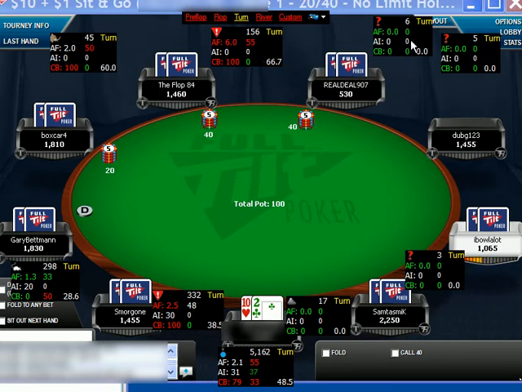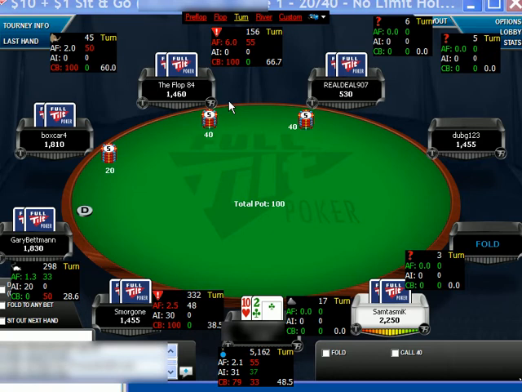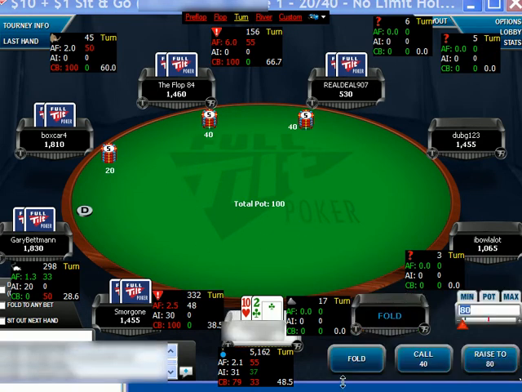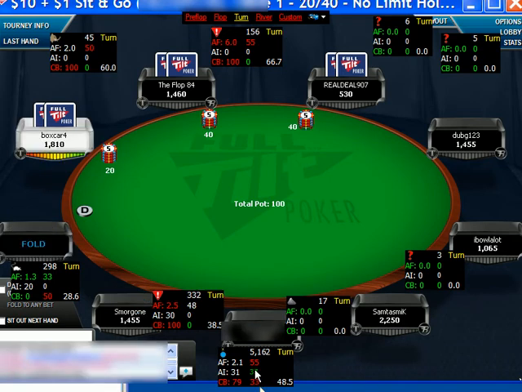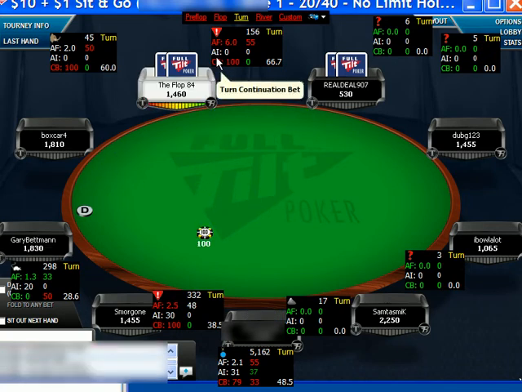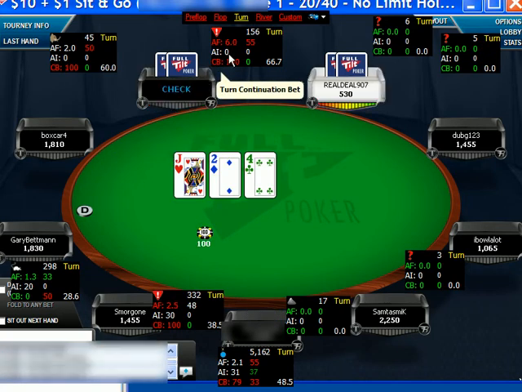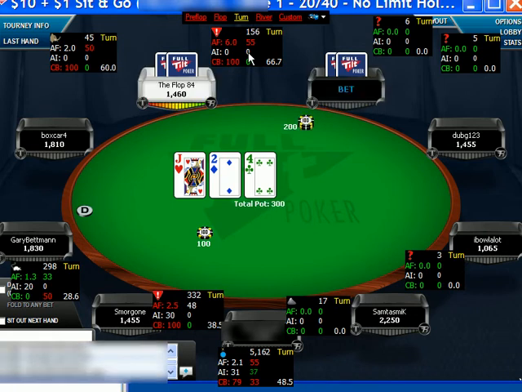Alright. Maybe because it's 0 it won't tell me what it is. Won money at showdown after a turn push. So here we have all in, what he's going to do on the turn, and then how often he wins if he does push all in on the turn.